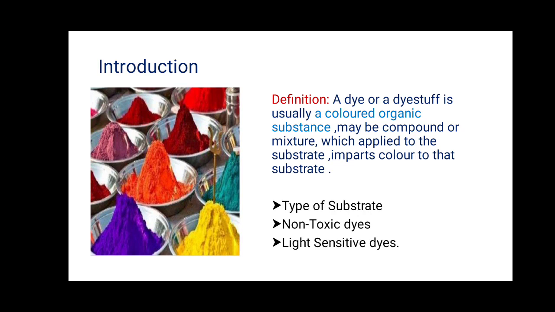For example, amaranth, turmeric and carmine are natural colors used in the food industry, like bakery products, beverages, dairy and ice cream. Dyes are used to color cold drinks, in medicine, and in food and seafoods. So they may be toxic or non-toxic.